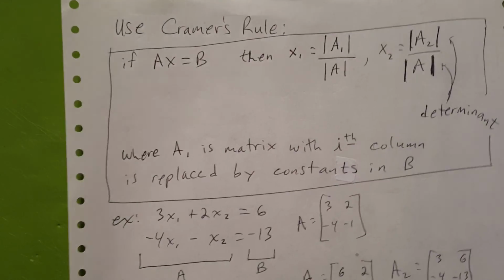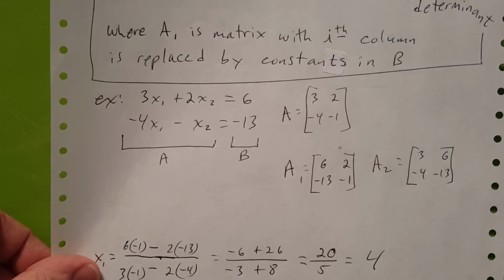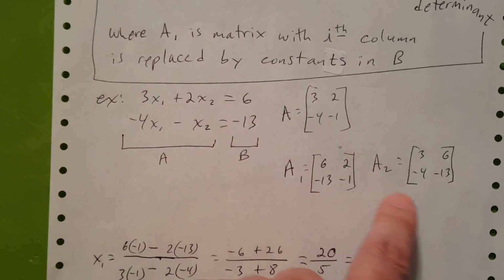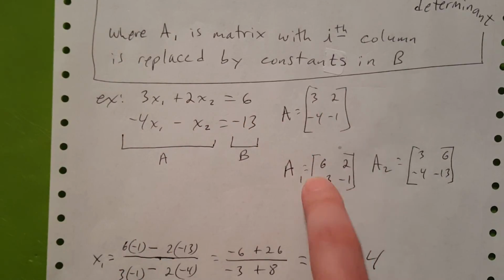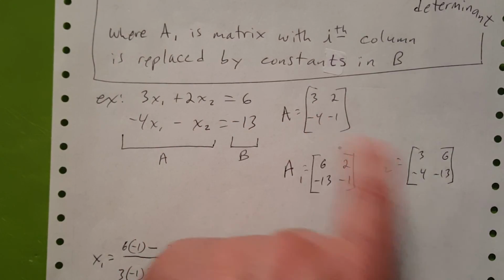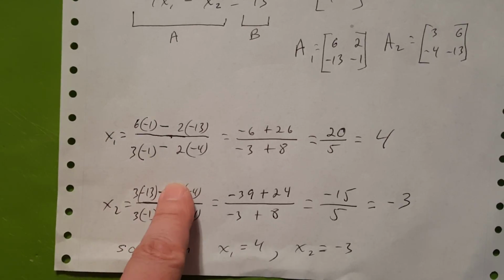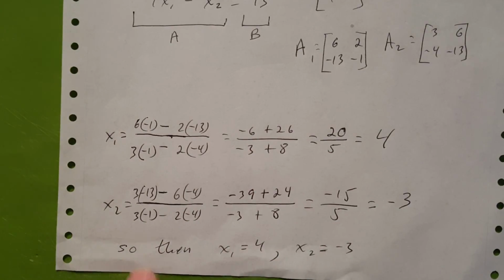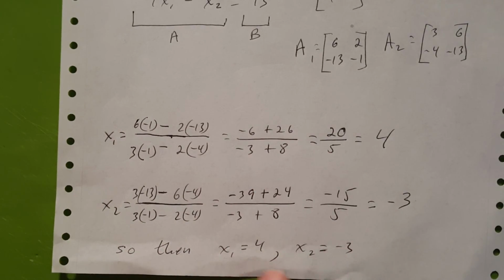How do you find A1 and A2? We went over that. It's quite simple. You just replace the column with B. Once you have A1 and A2 together with A, you have everything you need. You find the determinants and work it out. So here we found x1 is 4, x2 is negative 3.